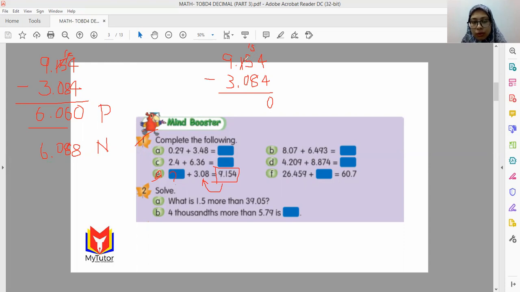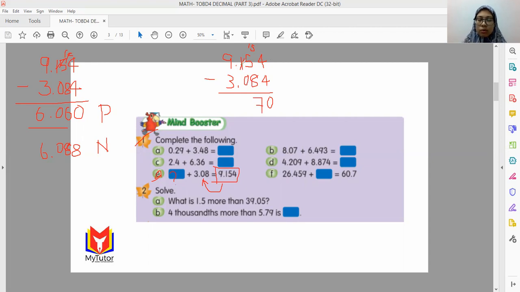Now 15 can minus 8. What is 15 minus 8? 15 minus 14, 13, 12, 11, 10, 9, 8, 7. So 15 minus 8 is 7.